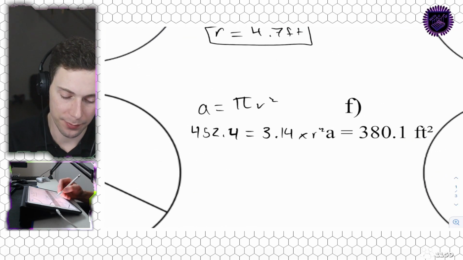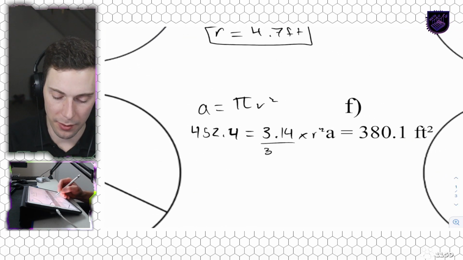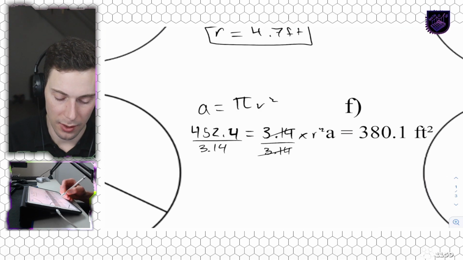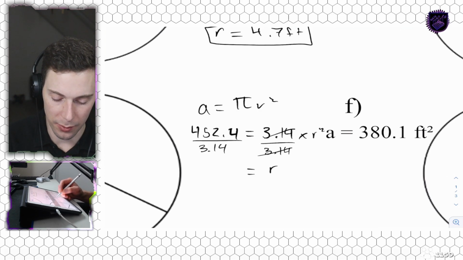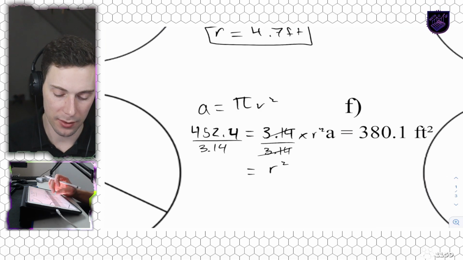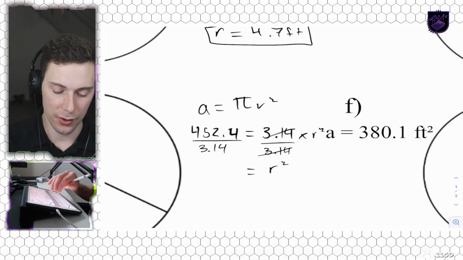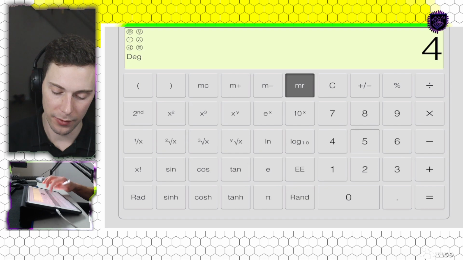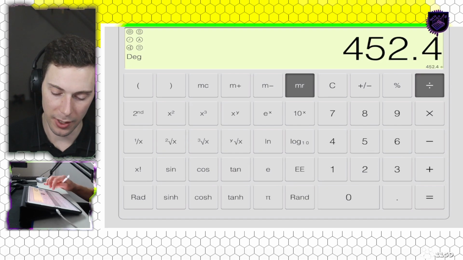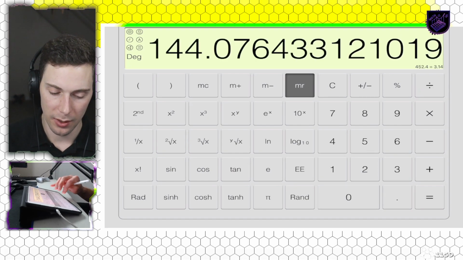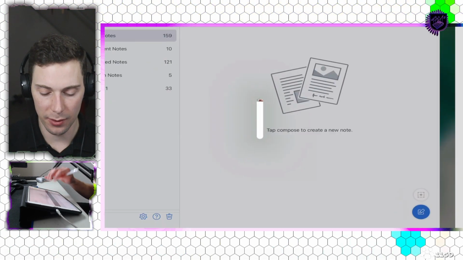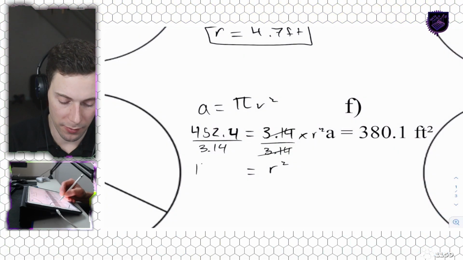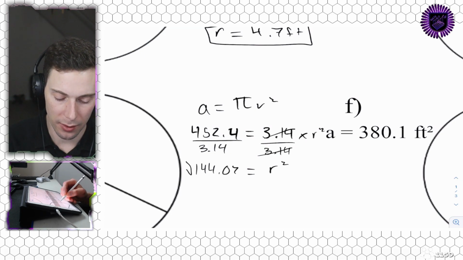All right, so let's isolate our variable. 3.14 cancels, and that means something is equal to the square of our radius. 452.4 divided by 3.14 is 144.07. 144.07 is the square of our radius.